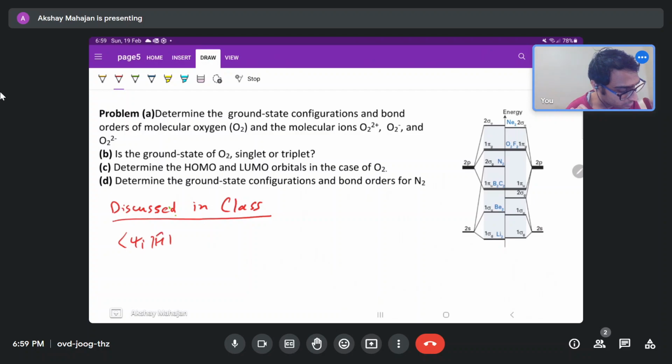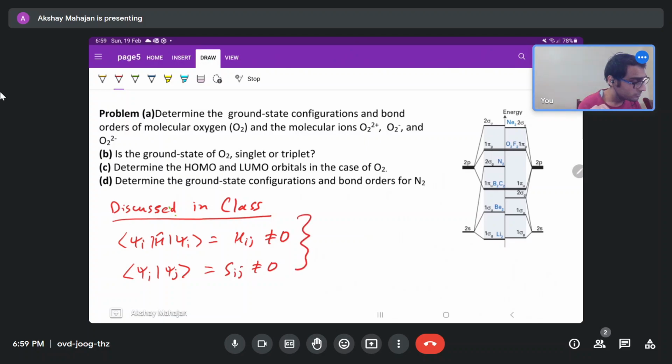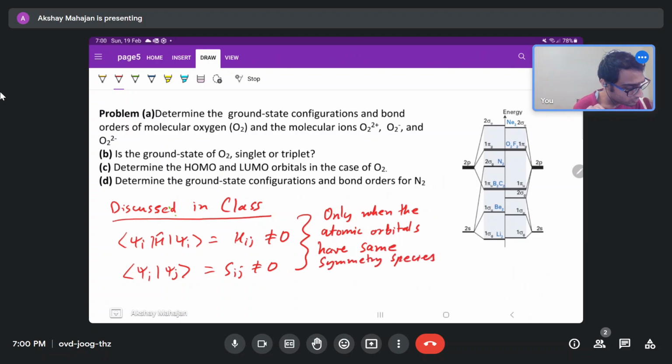If we have psi i, H cap psi j, which is H_ij, it will not be equal to 0, and psi i psi j, which is S_ij, will not be equal to 0, only when the atomic orbitals have the same symmetry species in the point group of the molecule.